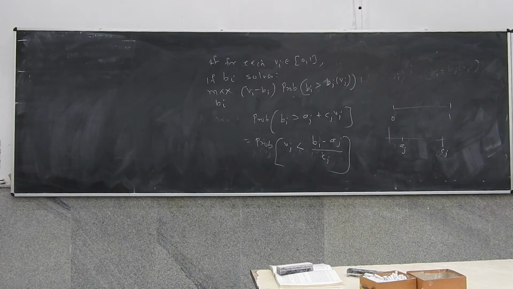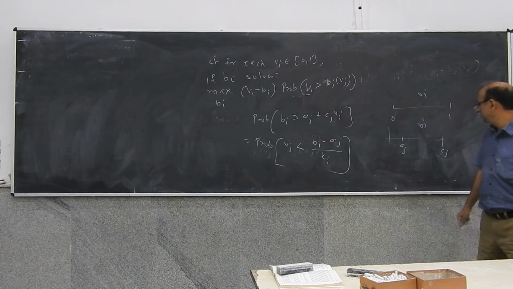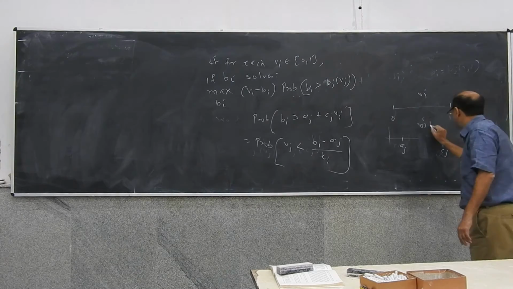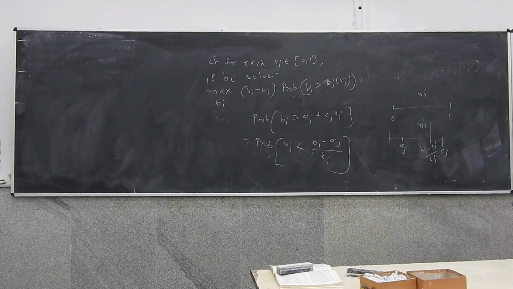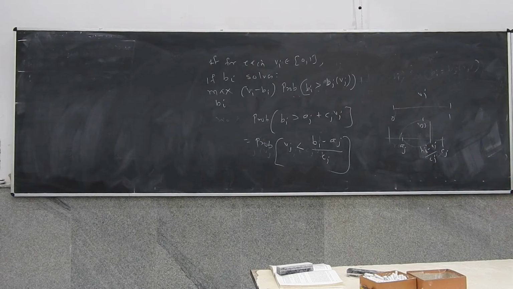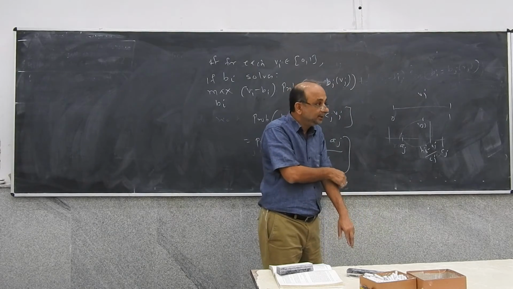Suppose this point is Bi minus Aj upon Cj. I am looking for the probability that Vj takes a value in this interval.